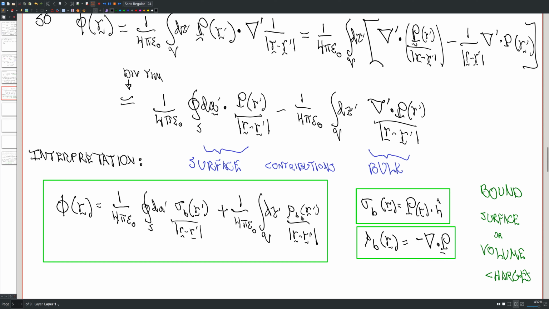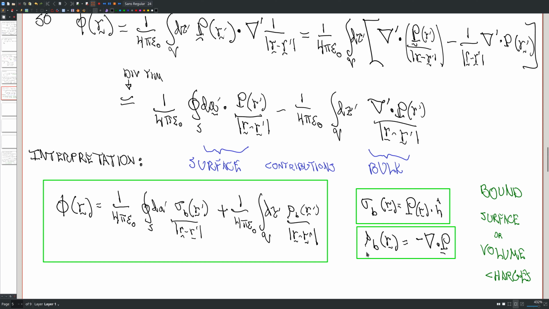Yeah, because here I'm integrating over the source charges inside the volume. So this is d tau prime. Here the integral is over the primed variables. But you have to interpret this equation as being valid for positions inside the volume, because once again, this is a local equation.